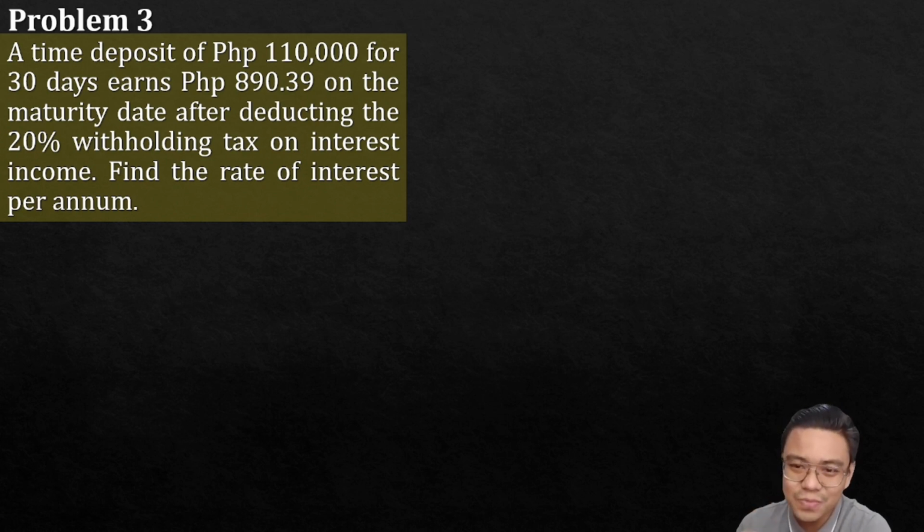Now, this is a very challenging problem, and you have to understand the syntax of the sentence here, because if you do not understand the structure of the problem, medyo mahihirapan ka. And dito po, usually nagkakamali ang mga students natin.